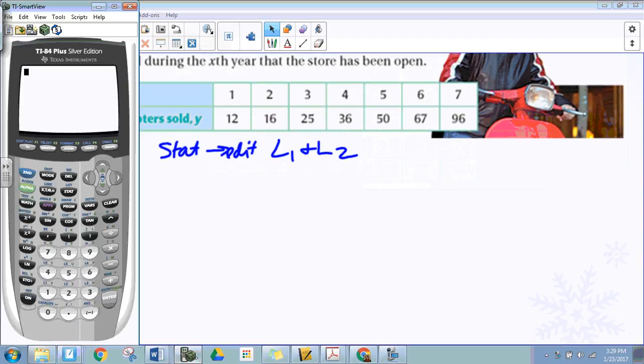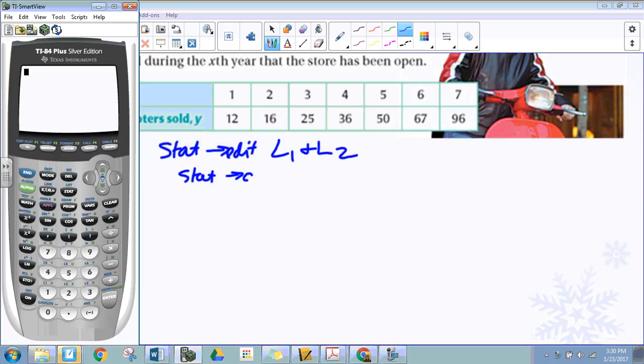So in our calculator, we're going to go to stat and then edit. And I have already put them in this list. So if you need to clear out your list, go up to the list and hit clear and then enter, and then put in all of your X's and all of your Y's. Then you're going to hit second quit. And then remember, we use stat, and then we'll go to calc.